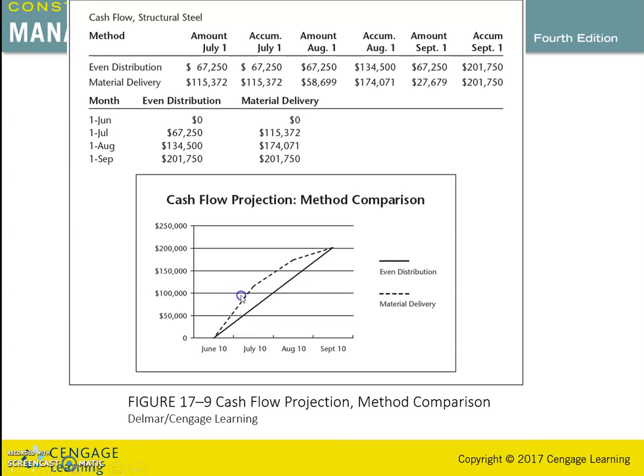It will not be evenly distributed. So clearly, in this case, the contractor will incur more costs earlier in the project. So there will be a difference between the evenly distributed and the actual distribution of the material costs.